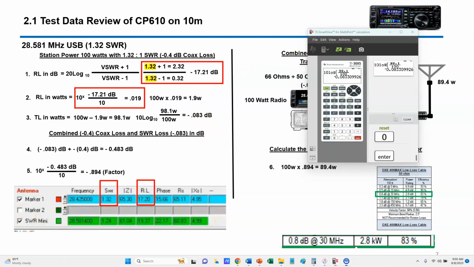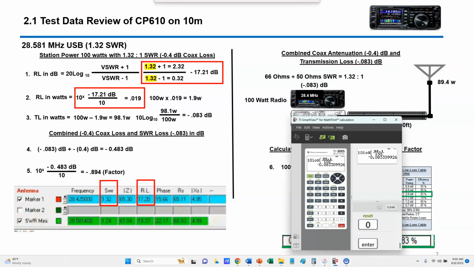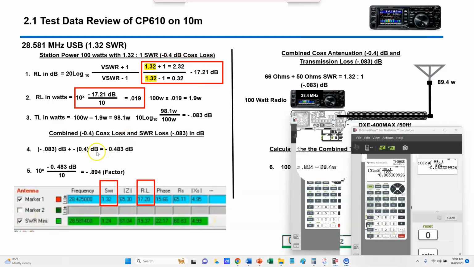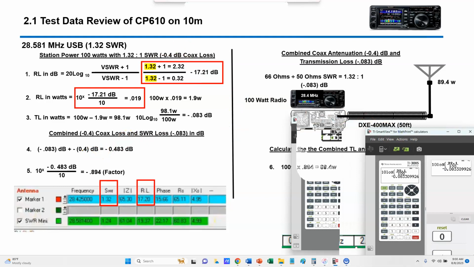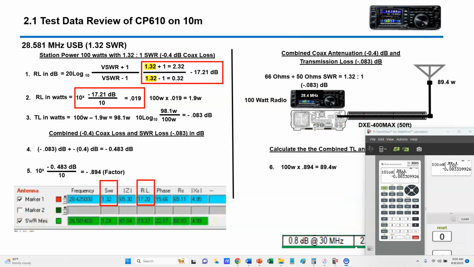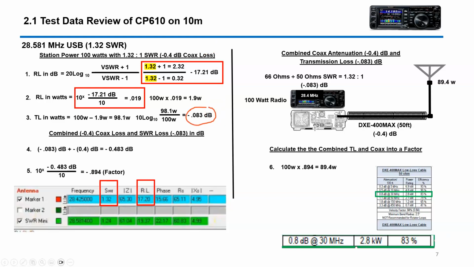Now we have pieces of the puzzle that we can figure out how much power is getting from the radio to the coax with this factor of an SWR of 1.32 and with a coax loss or attenuation of 0.4. So now what we'll do is we'll add this dB value to the coax loss.